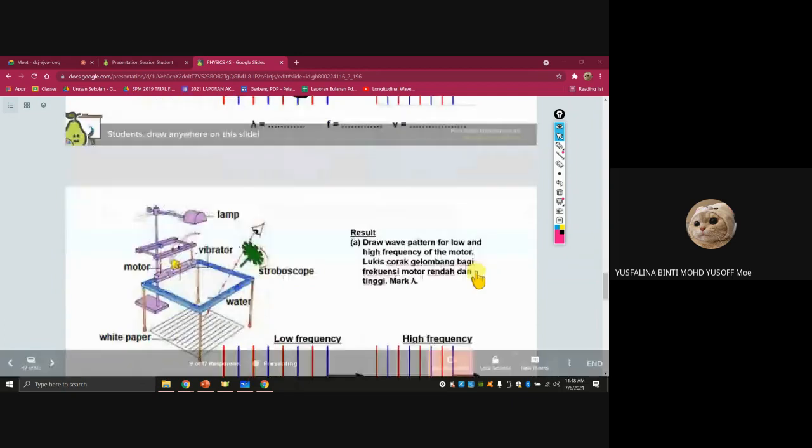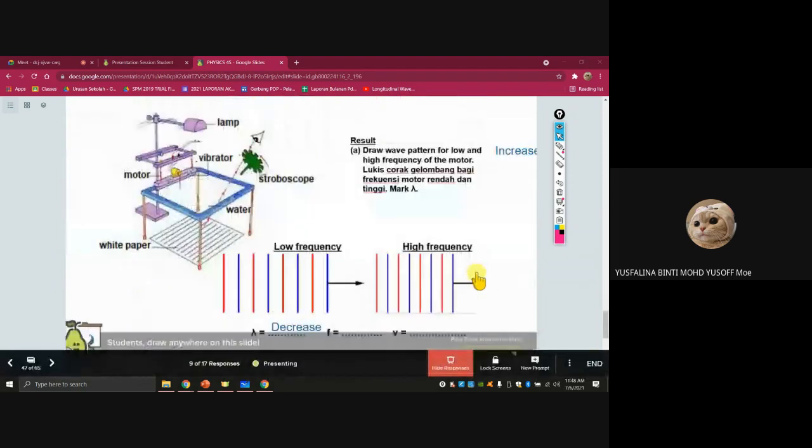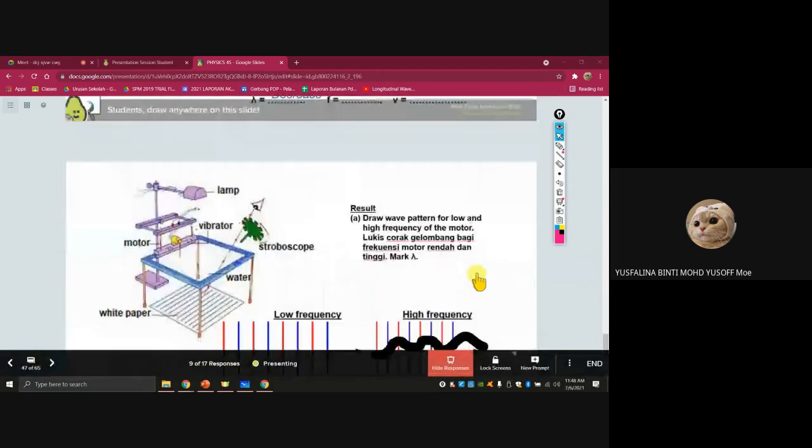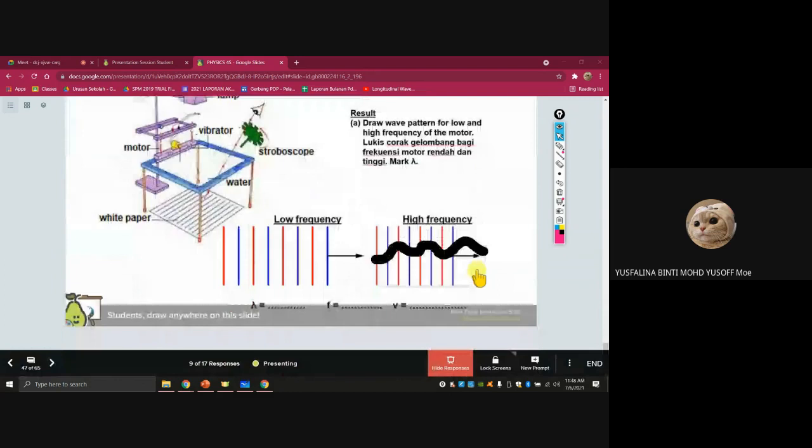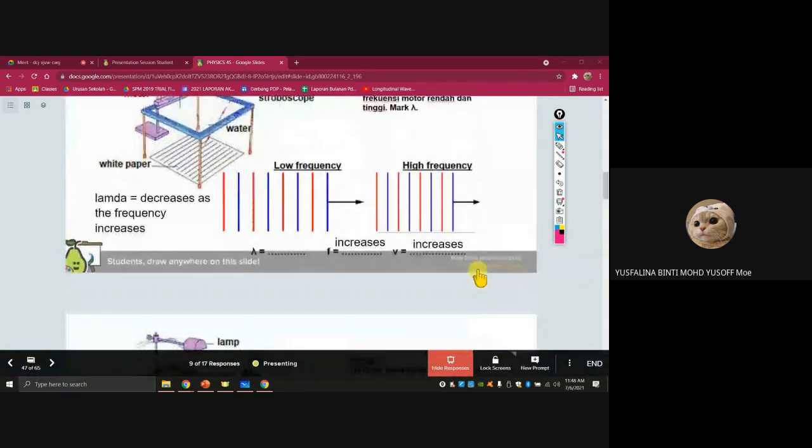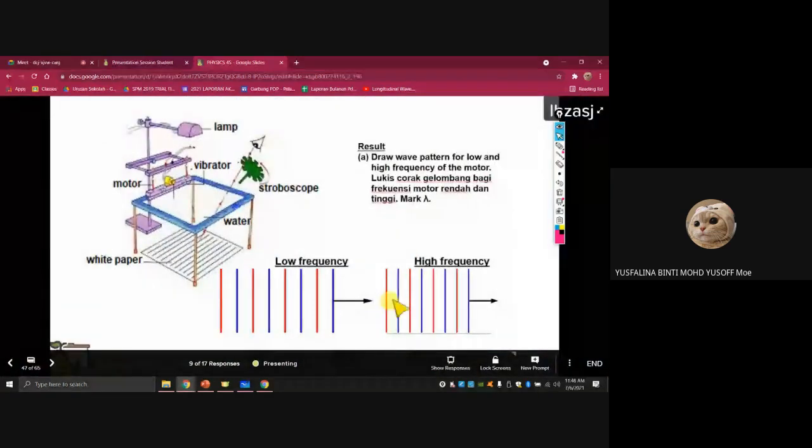Okay, so we discussed. I see some of you maybe are not sure. What's the answer? Let's see here. It says here the lambda. Let's say the red one is the crest. So this one is 1 lambda, right?